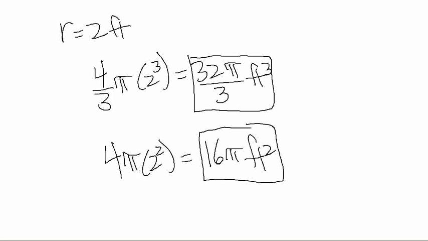Now, I would like you to try an example. Would you please try to calculate the volume and surface area of a sphere with a radius of 4 centimeters? Pause the video and do that now if you like. Okay, I'll go ahead and work it out as well.